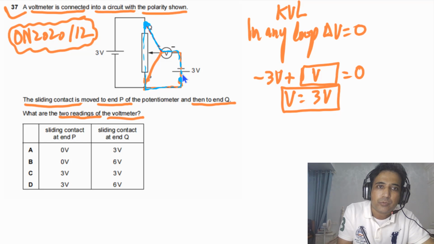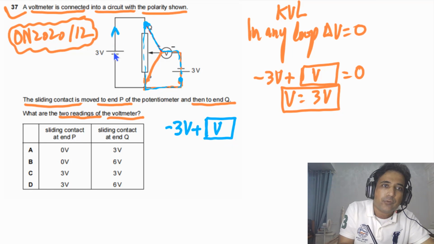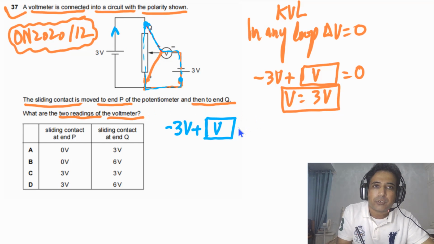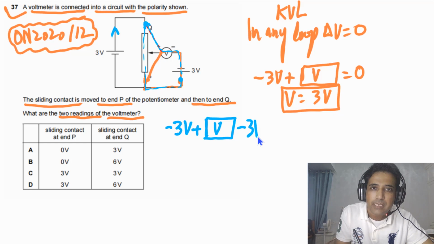We go from positive to negative, so potential is decreasing. The decrease in potential will be negative, plus the reading on the voltmeter, V. In this case current will flow from the positive terminal and go this way. If we go in the direction of current, we will lose potential, so the change in PD will be negative.